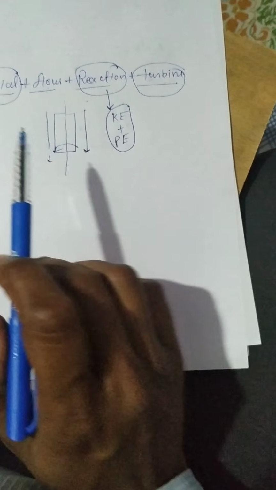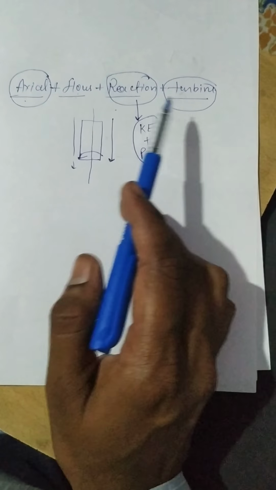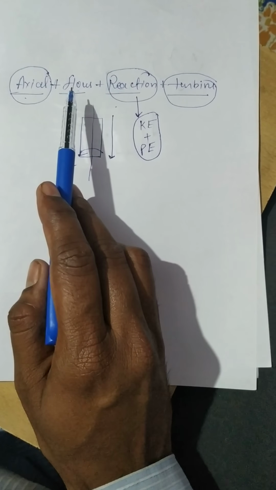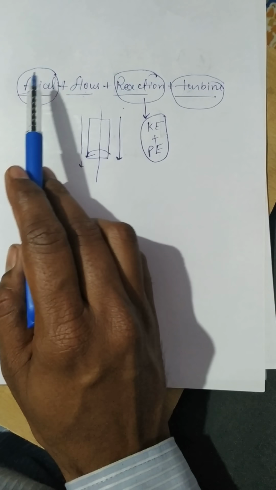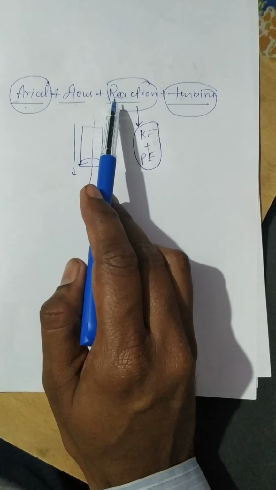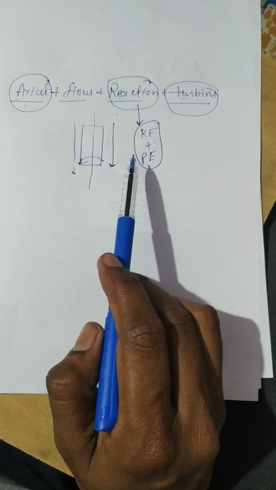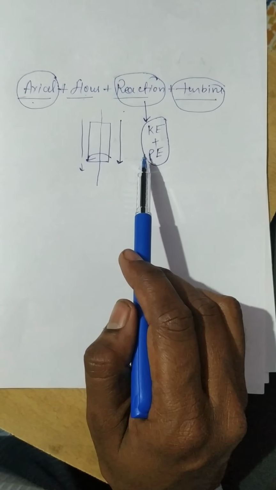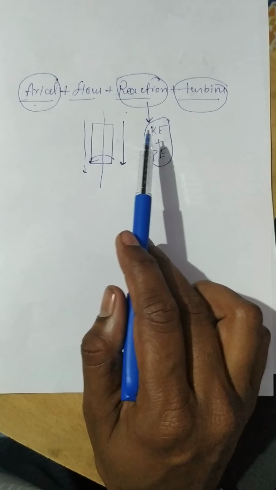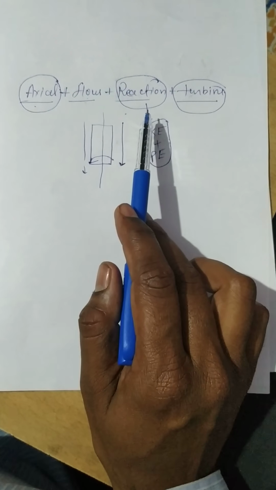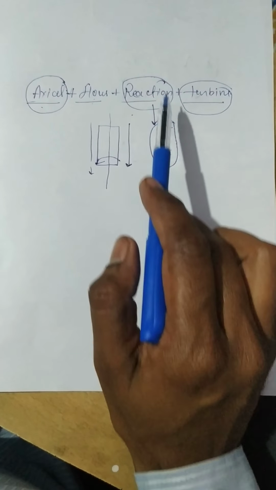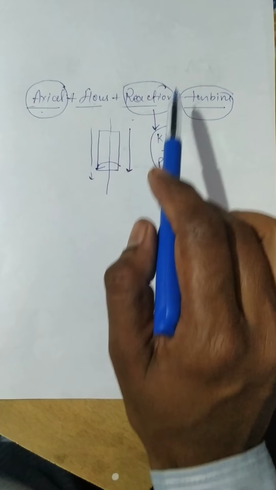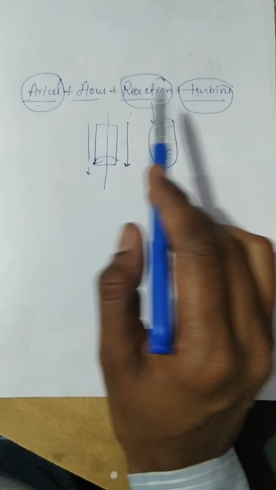So now it's very clear what an axial flow reaction turbine is: it has the flow axially, and as a reaction turbine it has kinetic energy plus pressure energy. That's a different thing, that the pressure energy is converted into part of the kinetic energy, and all of this comes under the axial flow reaction turbine, right?